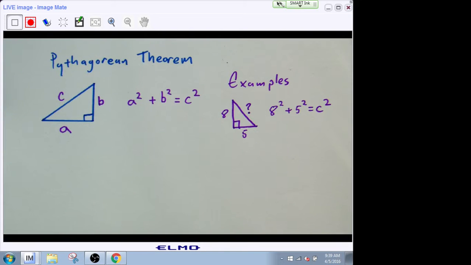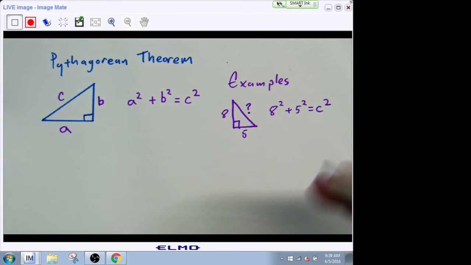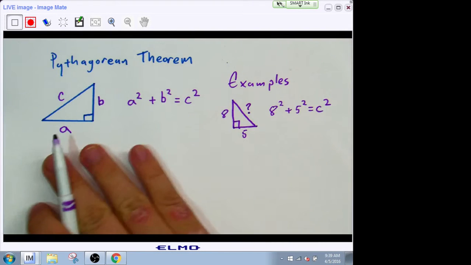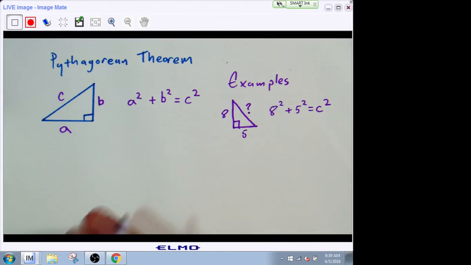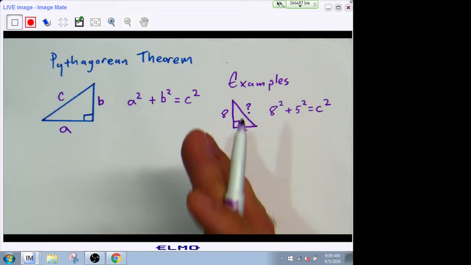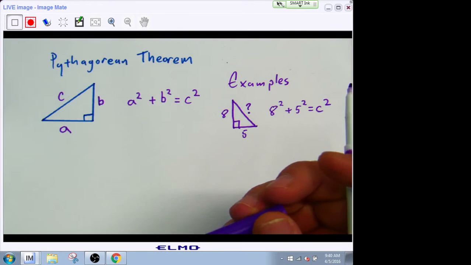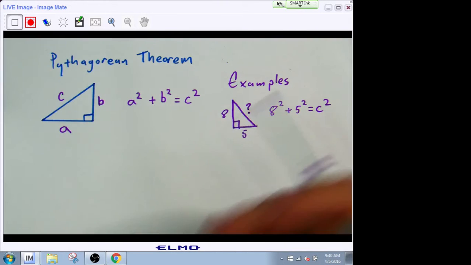Okay? A, B. And it doesn't matter which one is A or B, because since it's just being added together, it doesn't matter which one's first and which one's second. It doesn't change the function. Like 5 plus 2 is 7 and 2 plus 5 is 7. It doesn't matter what order we go in.